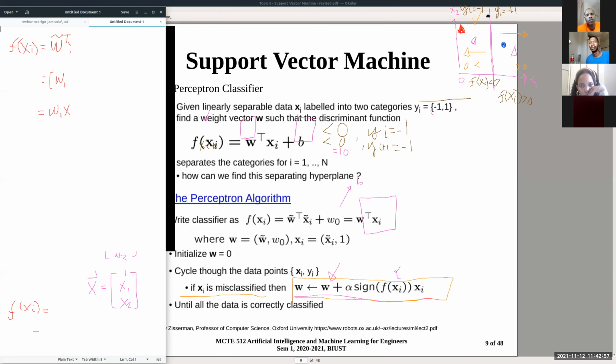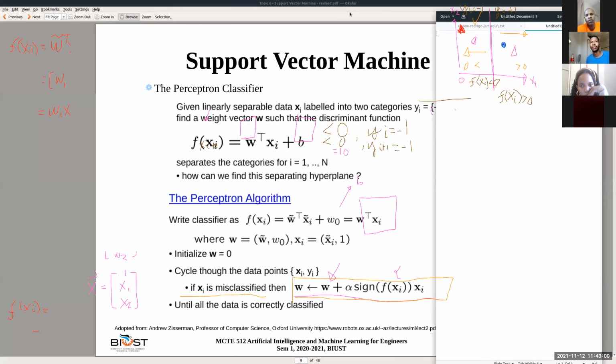We have f of xi, and we want to achieve this expression w1 x1 plus w2 x2 plus b. That one we understand. It is just that expression. Now we want to make it more compact, so we will include w0.